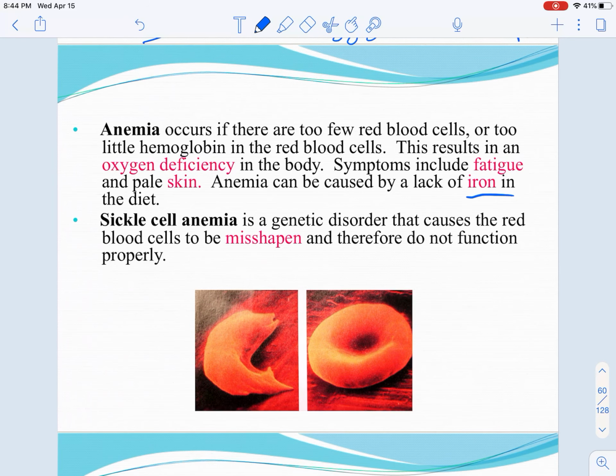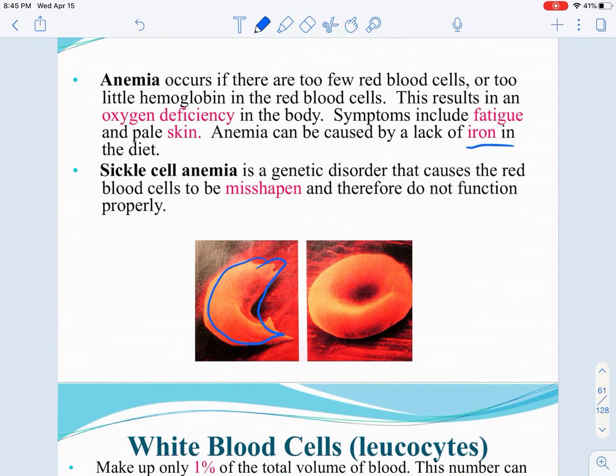Also, if you have a problem with carrying oxygen because of a misshapen red blood cell, like this in the shape of a sickle, that's called sickle cell anemia. And of course, it's not carrying as much oxygen if it's not the full shape as the normal one here.